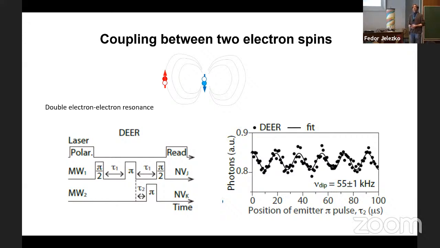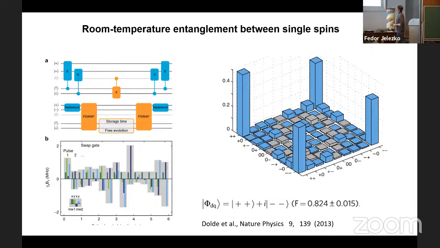This is a coupling you can now use for creating a scalable diamond quantum register. This is a very basic element showing you that the coupling is visible. You can also convert it to gates with exactly the same time constant, and so the gates are now about 20 microseconds. And you can basically, using this free evolution period and single qubit gates, create entanglement in this system with fidelities on the order of 90%.